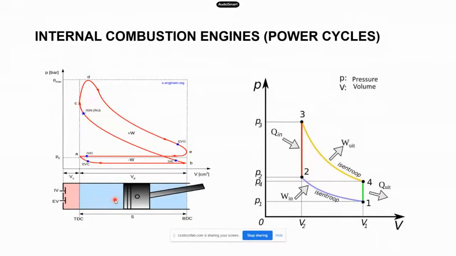So sometimes the question will say, for a 3.5 liter car with 4 cylinders and a cylinder length of, well, let's say 350 millimeters, calculate the diameter of the cylinder. So this is how we get to this. So the volume, this volume here from TDC to BDC, is the one that we use to calculate the capacity of the engine. Now let's move on.